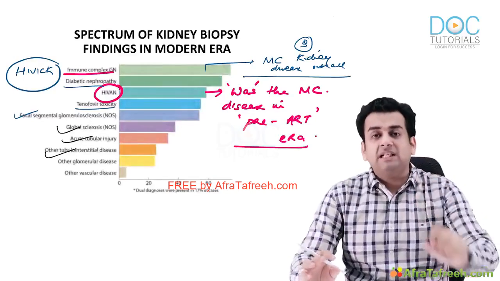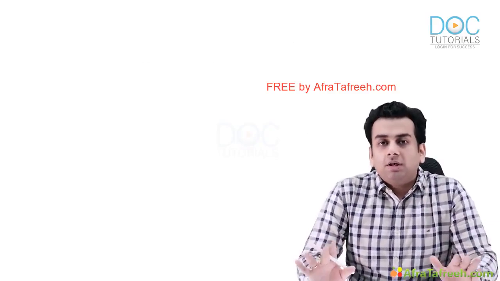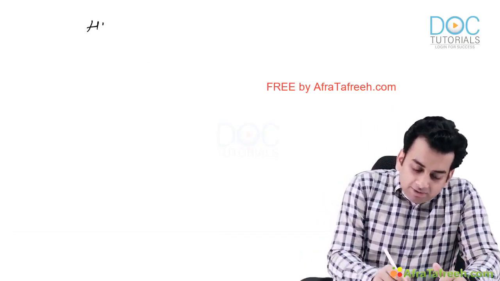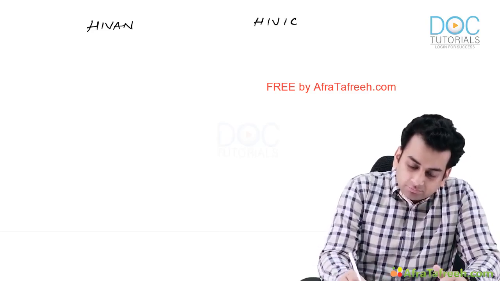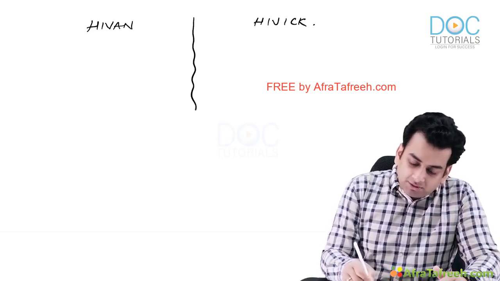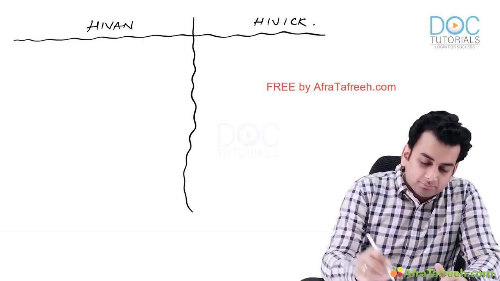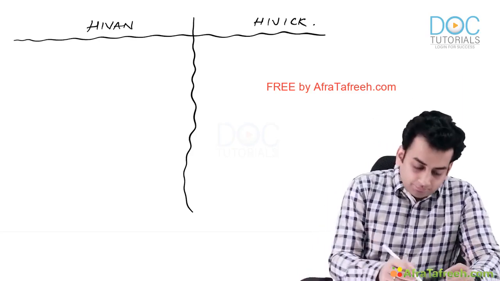Please, please, please remember this. Now, this brings me to the very important topic about what is HIVAN and what is HIVICK. If we have to just understand both of them by a comparison, let us see how far we can manage.